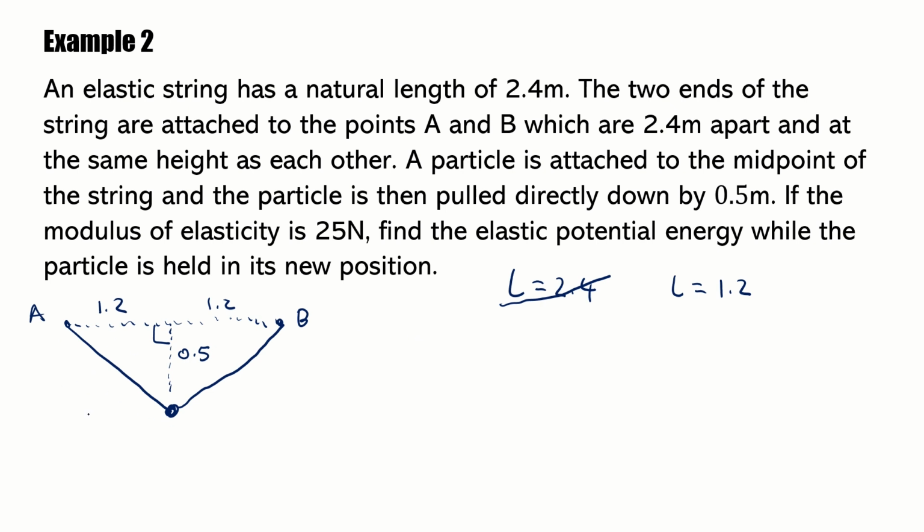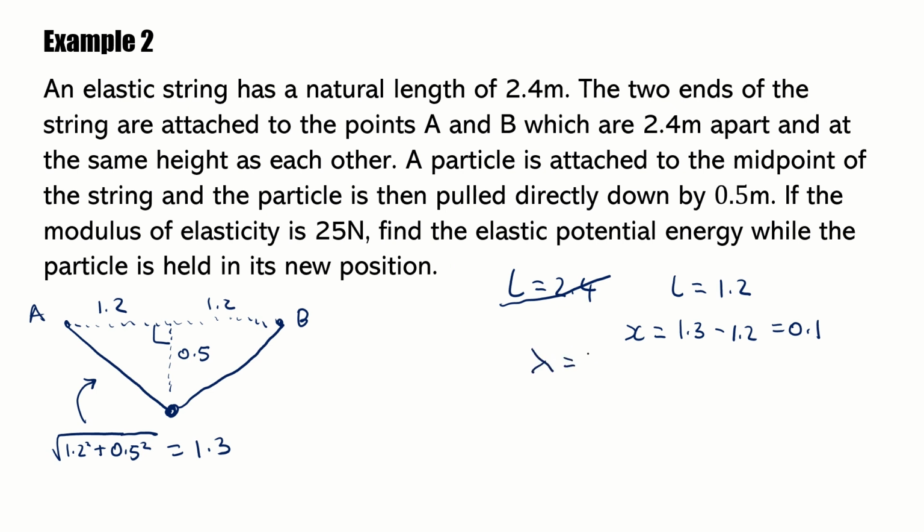So therefore, that will tell us that the new length of the string is going to be 1.2 squared plus 0.5 squared, then square rooted, which is 1.3. That means each half of the string is being stretched by 1.3 take away 1.2, so that means it's being stretched by 0.1 meters.